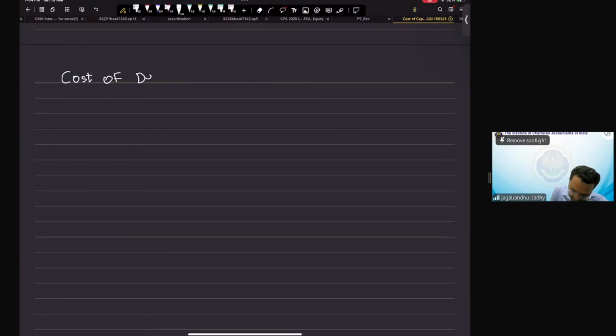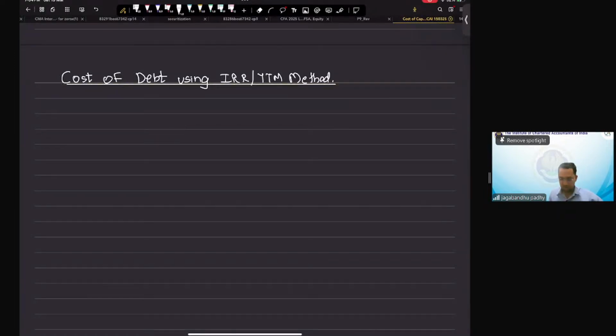Cost of debt using IRR or YTM method. Now how do we go about understanding this YTM or IRR method? Let's try to build it from a very basic.